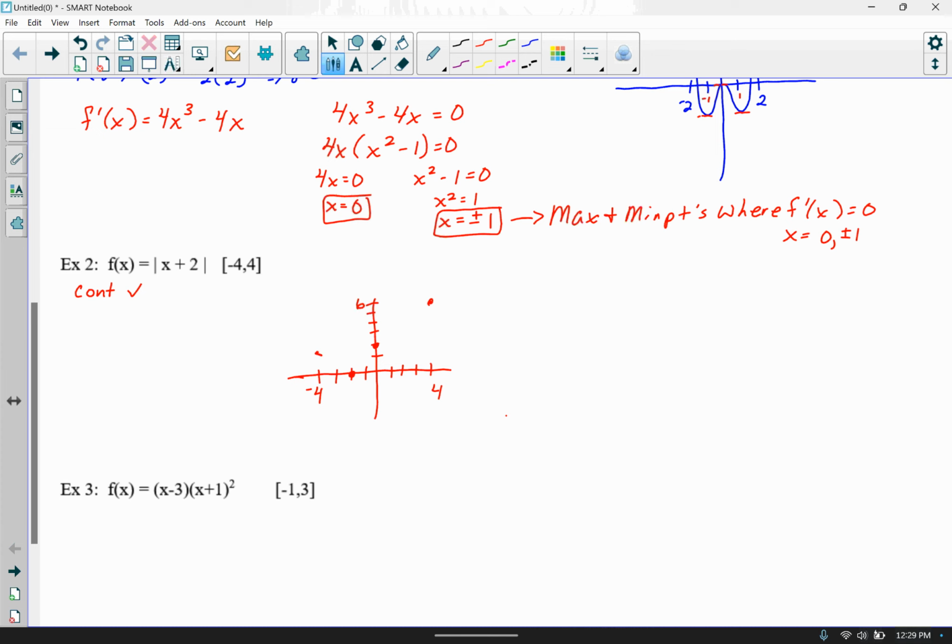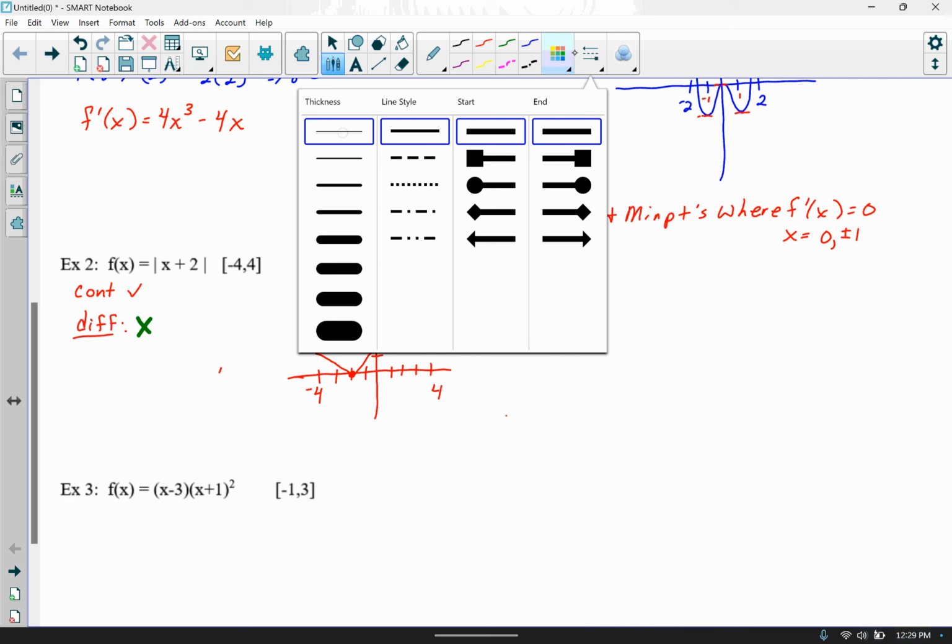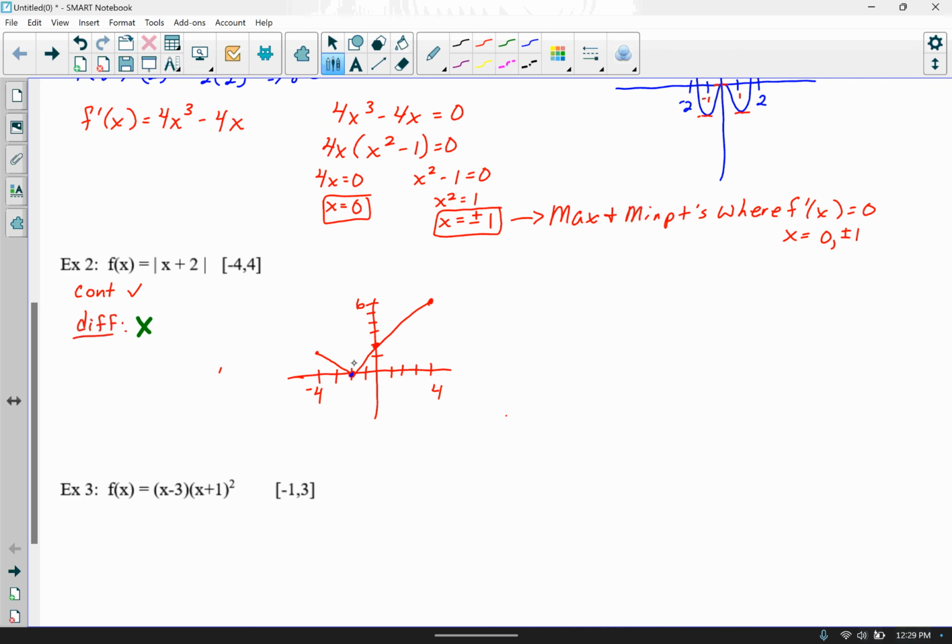If you were to put this in your calculator, and hopefully you already have a good understanding of what an absolute value function looks like, it's always your hard V-shaped curve. Is this function differentiable in your interval? Hopefully you would agree that no, it is not, because right here at this vertex point, you would have a vertical tangent line. So we are not differentiable at x equals -2, which is part of my interval. Now, if I were just looking at the interval from 0 to 4, I'd keep going.